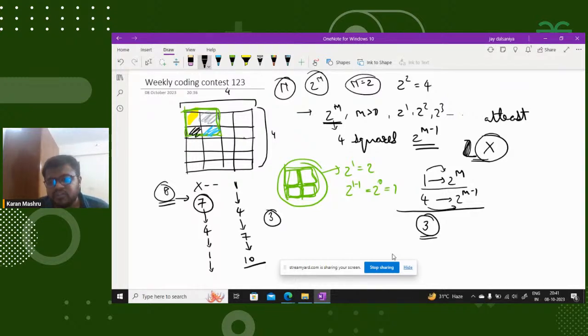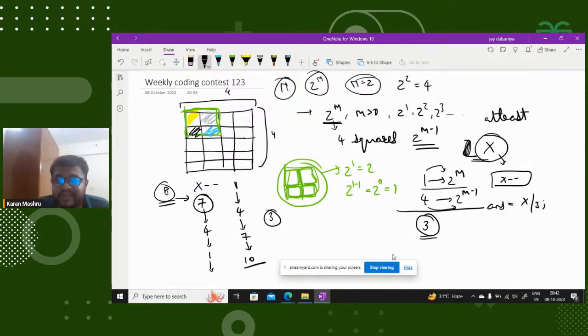So first of all we will do x minus minus, because we want the number of squares to be x. Initially we have one square and at every step 3 squares increase, okay? Then I will say my answer is equal to x divided by 3, because at every step I get 3 more squares.